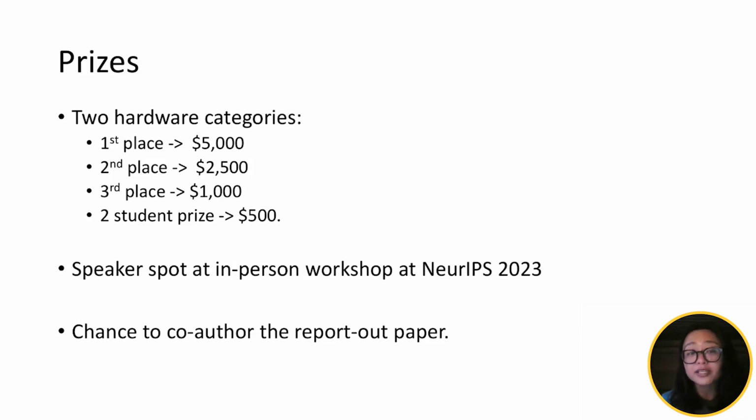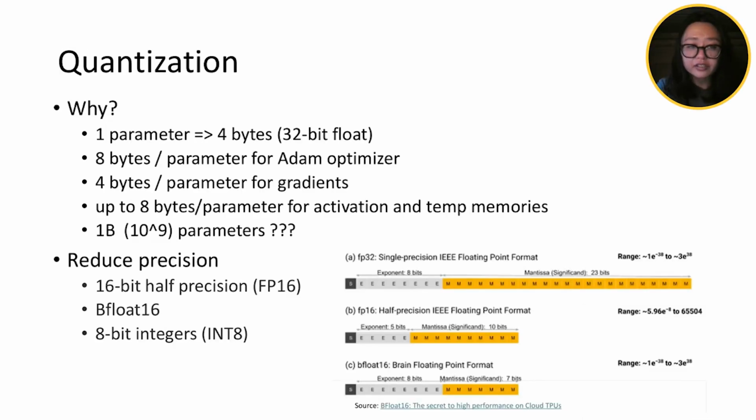And for the first place winners, we invite them to have a speaking chance at our in-person NeurIPS workshop in December 2023, and a chance to co-author the report, the paper that we're going to write about this competition, in the next NeurIPS.